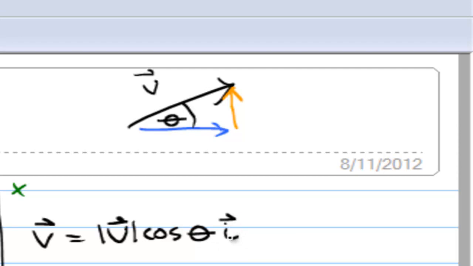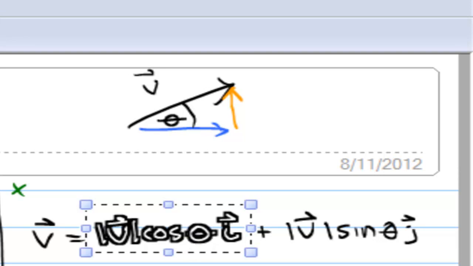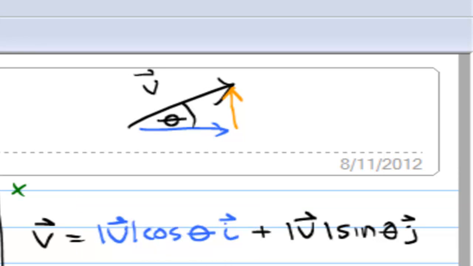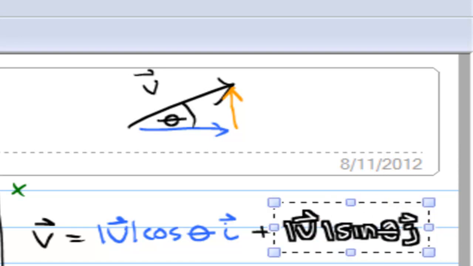If you recall, the unit vector I is that horizontal unit vector. Then plus the magnitude of V times the sine of the angle, and that's in the vertical direction. The unit J vector, remember that's the vertical one. I'm going to color code these. So that's the blue, and the vertical, as we see in the diagram, is the orange.